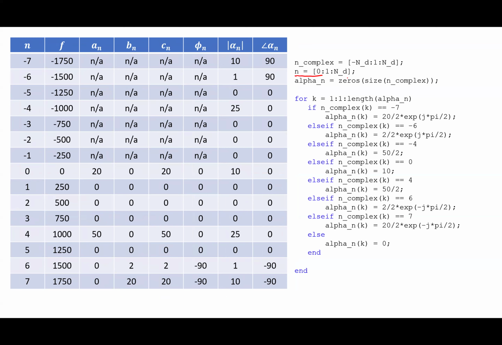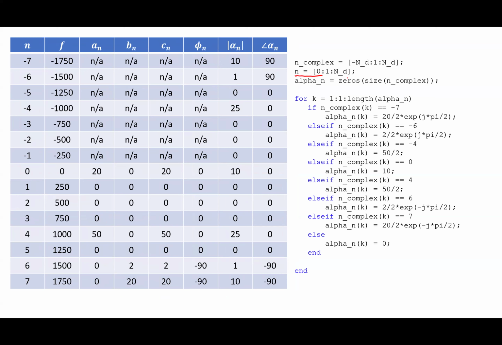He's going to go from -7 in steps of 1 up to 7. Okay, now why did I do that? Well, because n complex is going to run from -7 to 7, and n is going to run from 0 to 7.